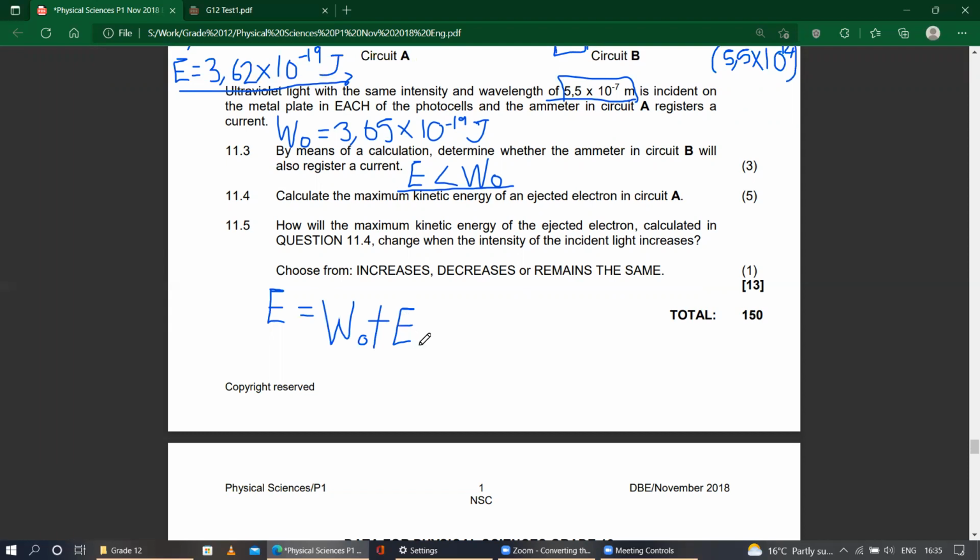This is usually EK max, so it's basically the maximum kinetic energy. Let me just add max here.